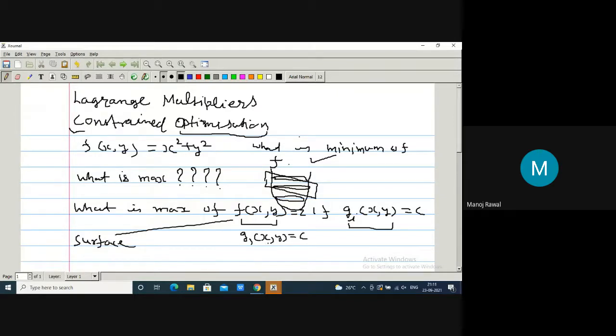And two independent variables with one constant gives us a level curve. This is how we are going to apply the Lagrange method.